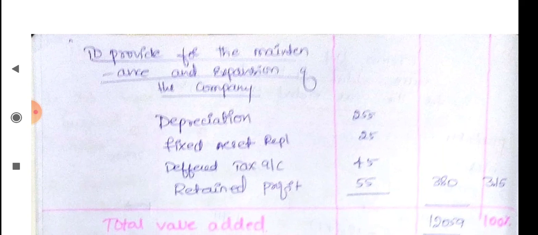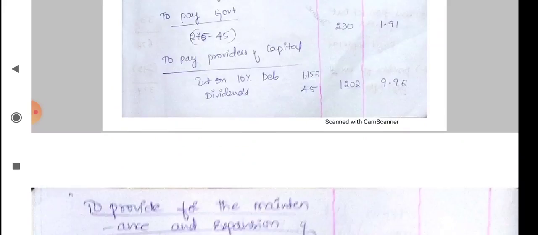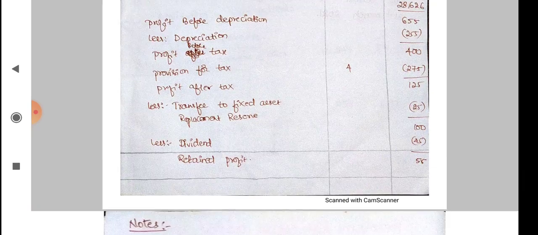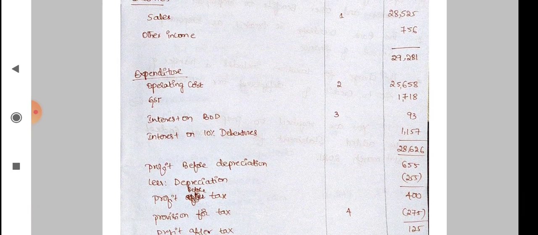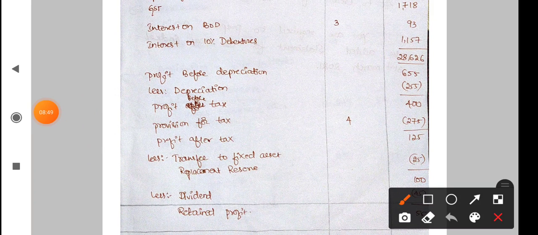Next, last is to provide for maintenance and expansion of the company. Under this particular heading we have to write depreciation, all kinds of reserves, deferred tax, and retained profit. So depreciation given in the problem is 255.